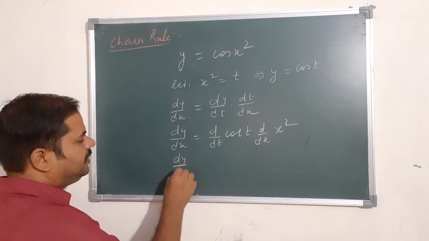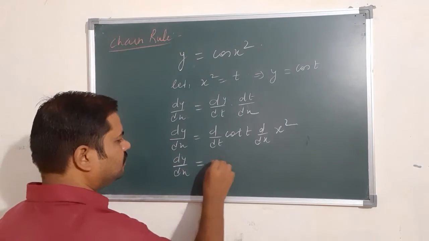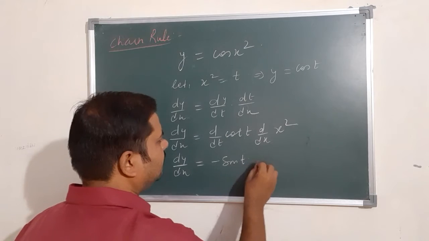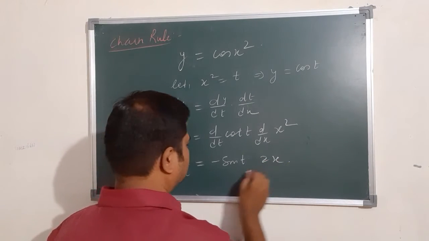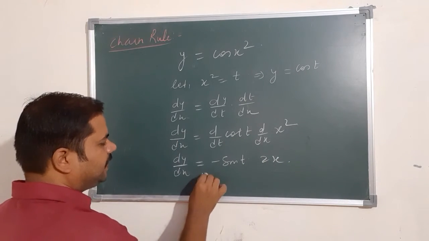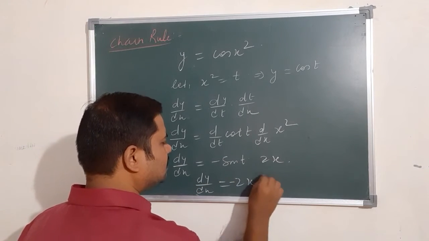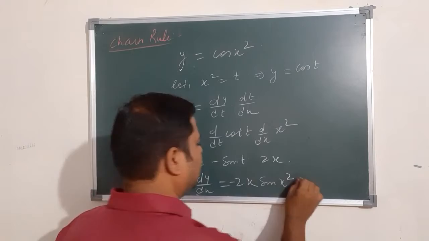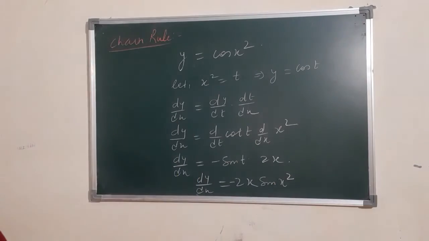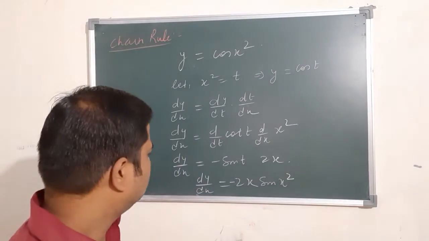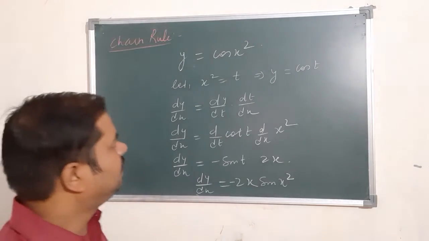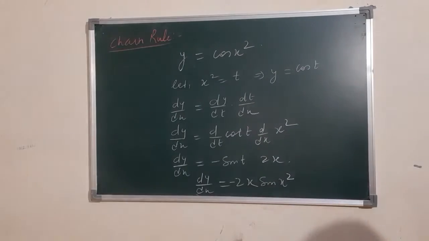So dy by dx is equal to minus 2x sin x square. Okay. So this is the derivative of this function. So let us note it down.